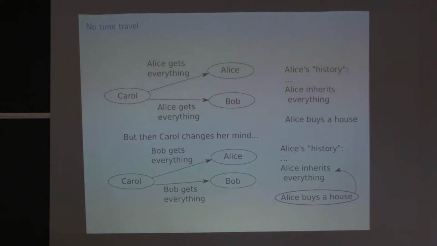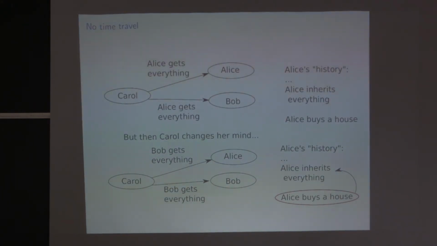Another problem is time travel. Suppose initially Carol says that Alice gets everything, and this is consistent, and everything is fine. Based on that, Alice buys a house. Sorry for making this too anthropomorphic, but I hope it helps understanding. But then Carol suddenly changes her mind and says, okay, Bob gets everything.